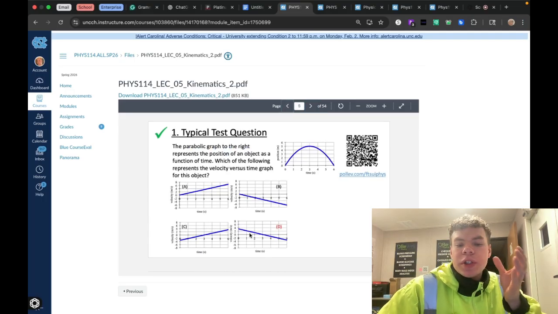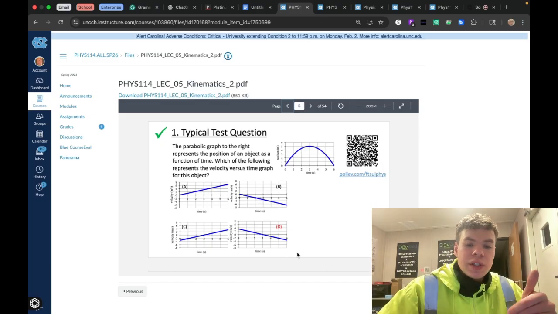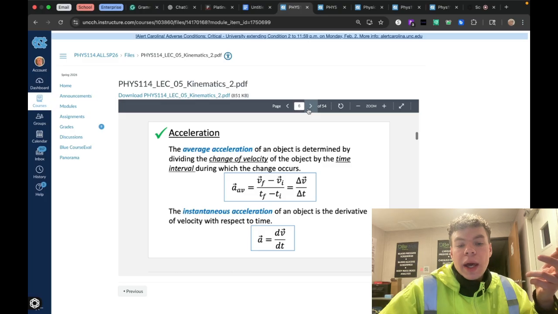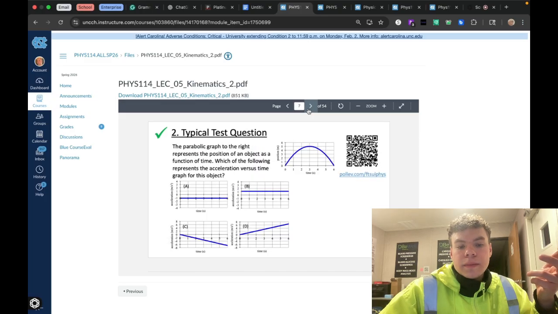For example, if a position graph was just a linear line, you know that it's at a constant velocity. So the velocity would just be a straight line. And if the velocity line is literally just a linear line, we know that acceleration would be zero.